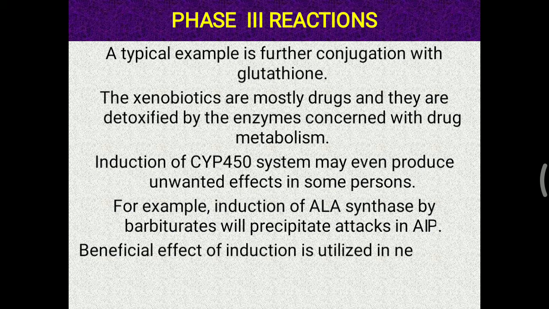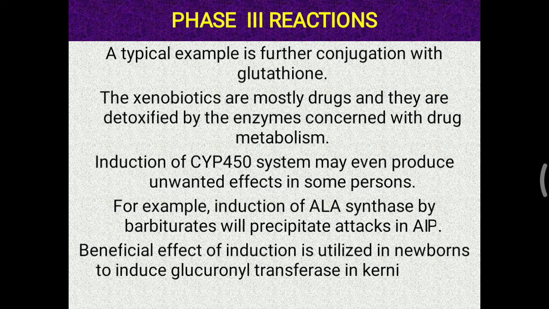But the beneficial effect of induction is utilized in newborns. The same barbiturate will be utilized for a beneficial purpose, to induce glucuronyl transferase in kernicterus. So barbiturate, the same xenobiotic, is helping to make the conjugation process of bilirubin faster. What mostly happens in kernicterus is a high bilirubin level that can damage the brain, and that can be prevented by giving barbiturate.